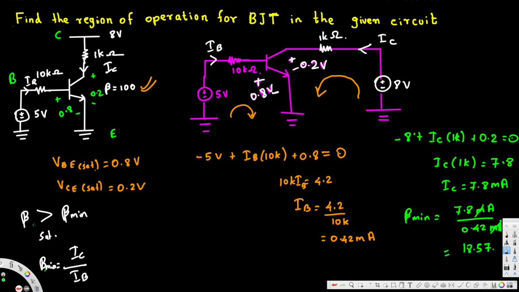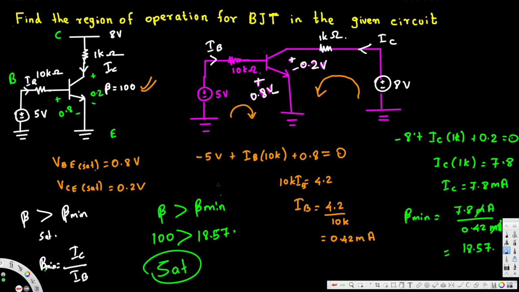Now if we compare beta and beta minimum, beta is 100 and beta minimum is 18.57, and we have beta minimum that is less than beta. That's what we have to prove. If we can prove this one, it means the transistor is in saturation mode. So the mode of operation is saturation, and that's how we do that.